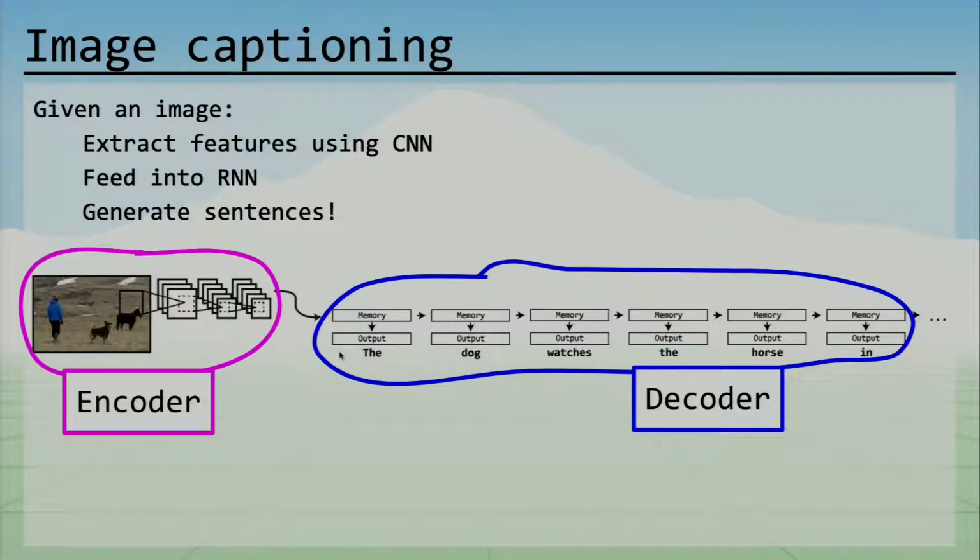All of them had an encoder that produced some sort of vector and fed that into an LSTM or some kind of recurrent neural network, and they all got decent results on image captioning.